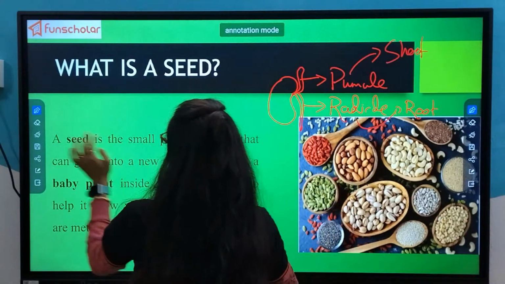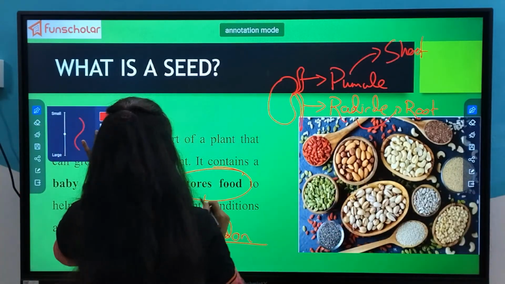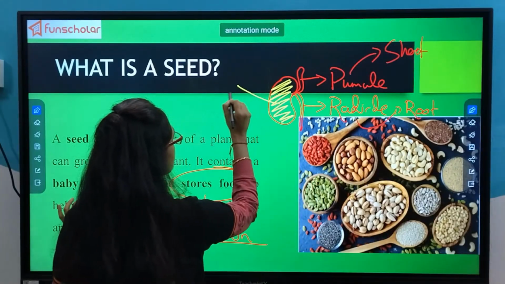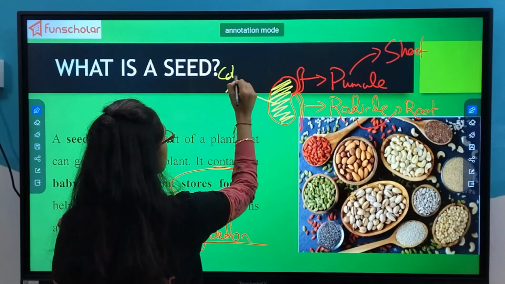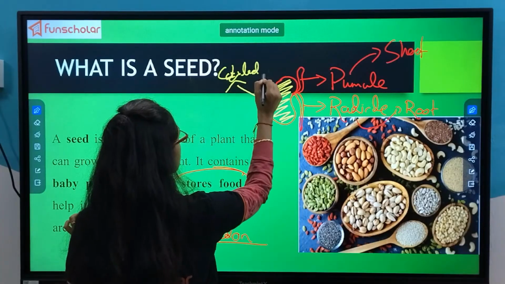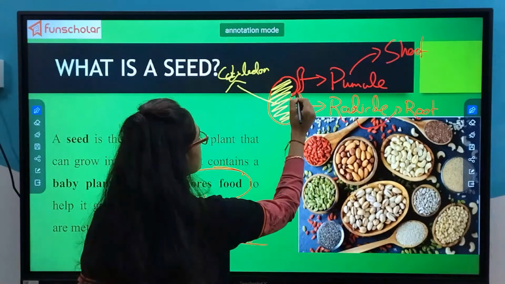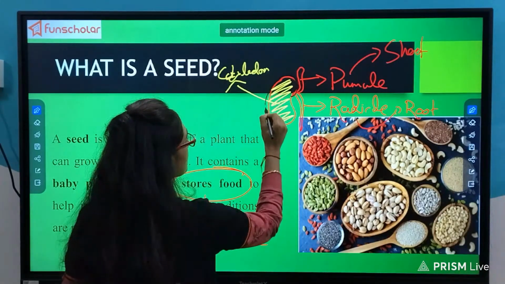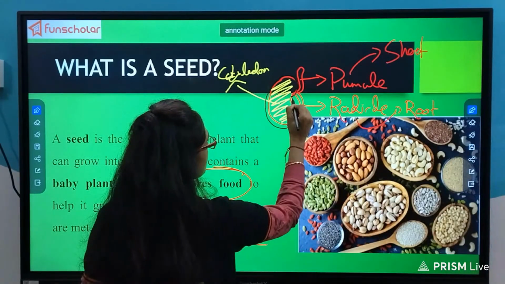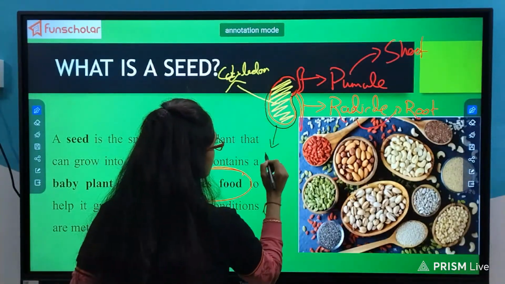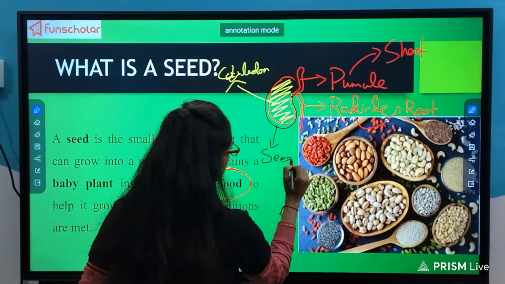And the stored food inside it is known as what? Cotyledon. And the outer covering of the seed, which acts as a protective covering, is known as what? Seed coat.